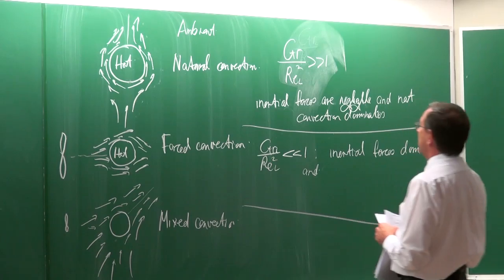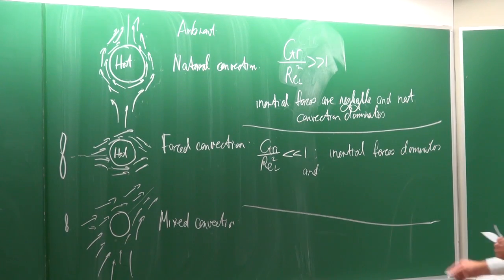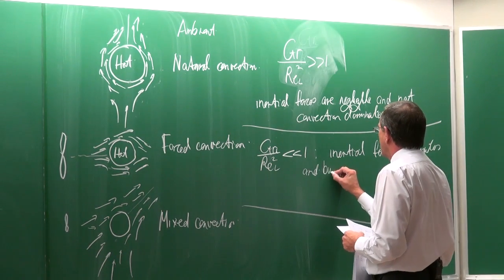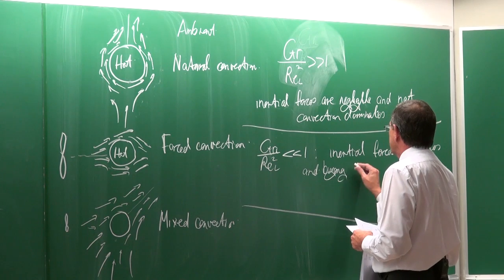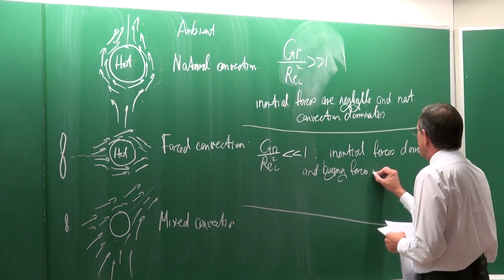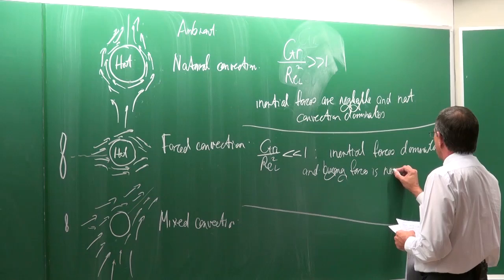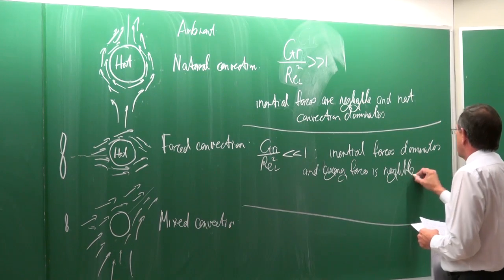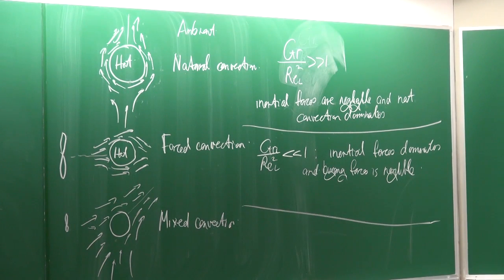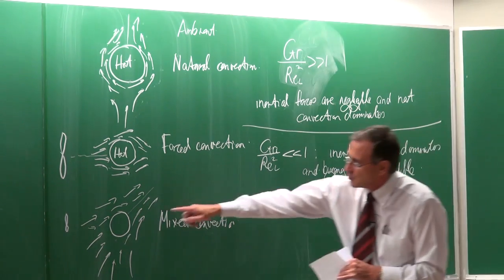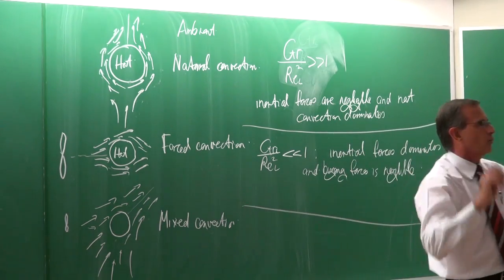Okay, and the buoyancy force is negligible. Okay, the inertial forces dominate and the buoyancy force is negligible. Of course, there's not only one, because at every control volume there's more than one.